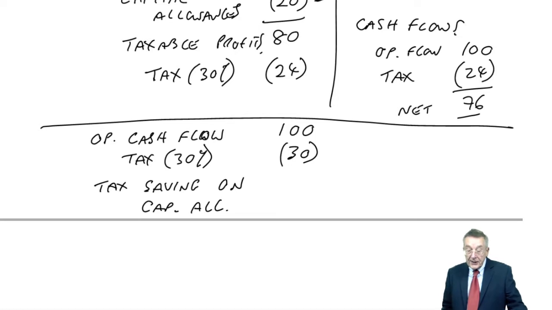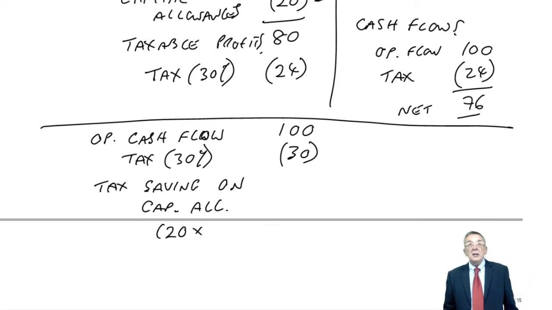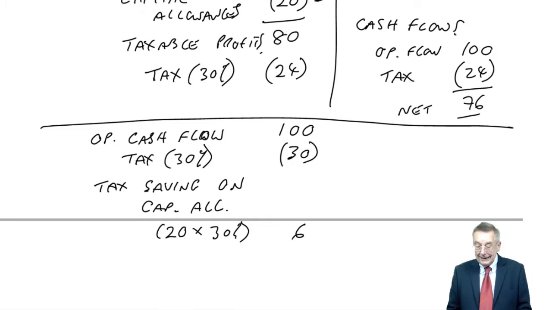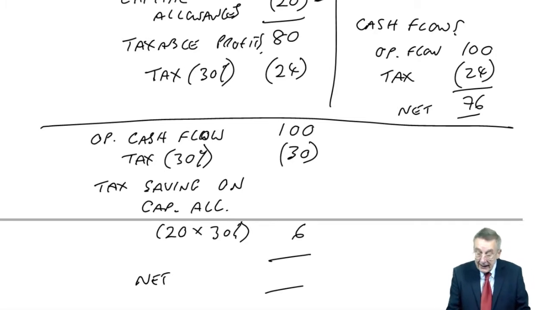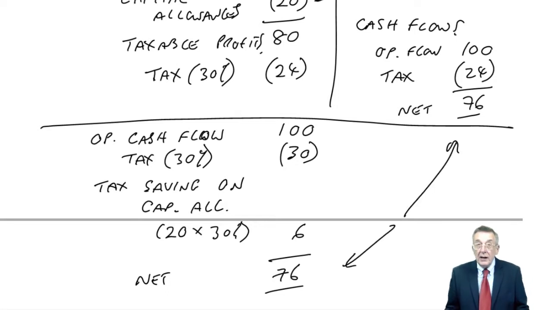Well, if the capital allowances were 20, you'll save tax at 30% on the 20. You'll save 6. And so again, what's the net cash flow? 100 less 30 is 70, plus 6 is 76. You get the same result either way.